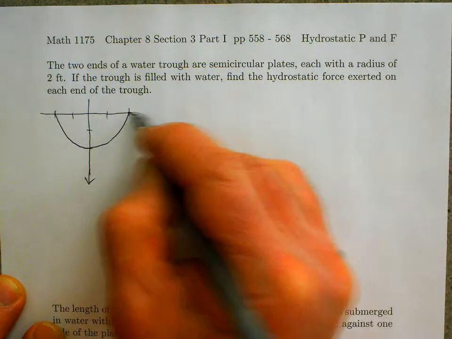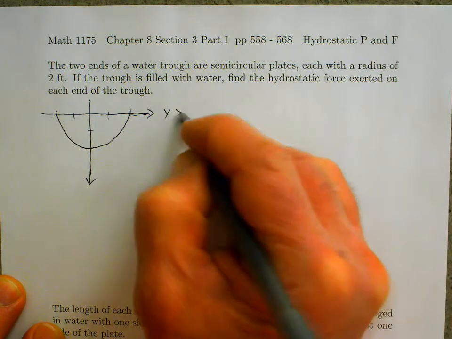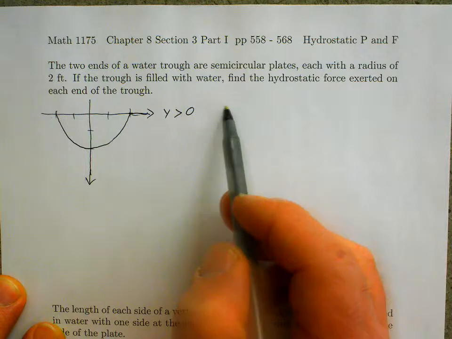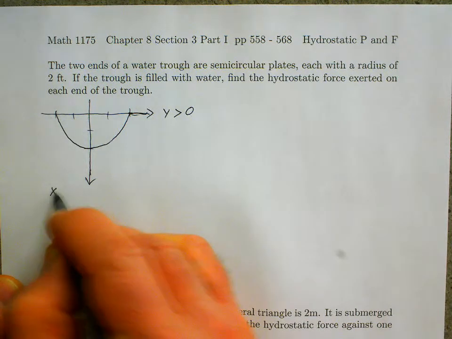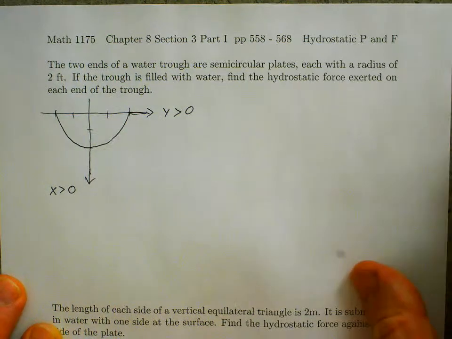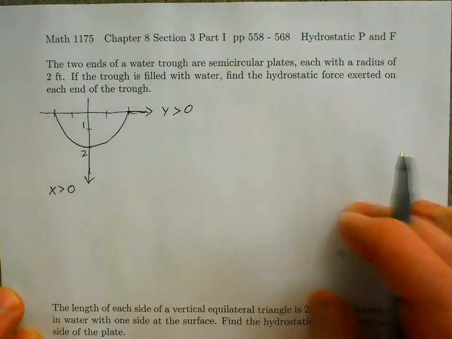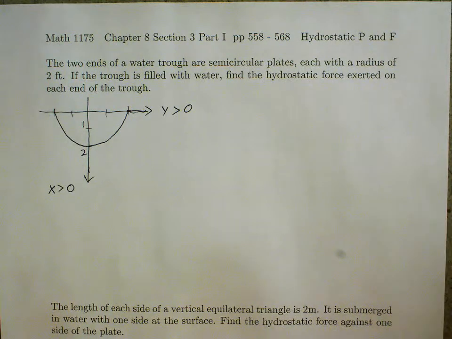So I'm still going to orient the positive y-axis horizontally to the right and the positive x-axis downward. I do it this way so I can measure depths as positive numbers.